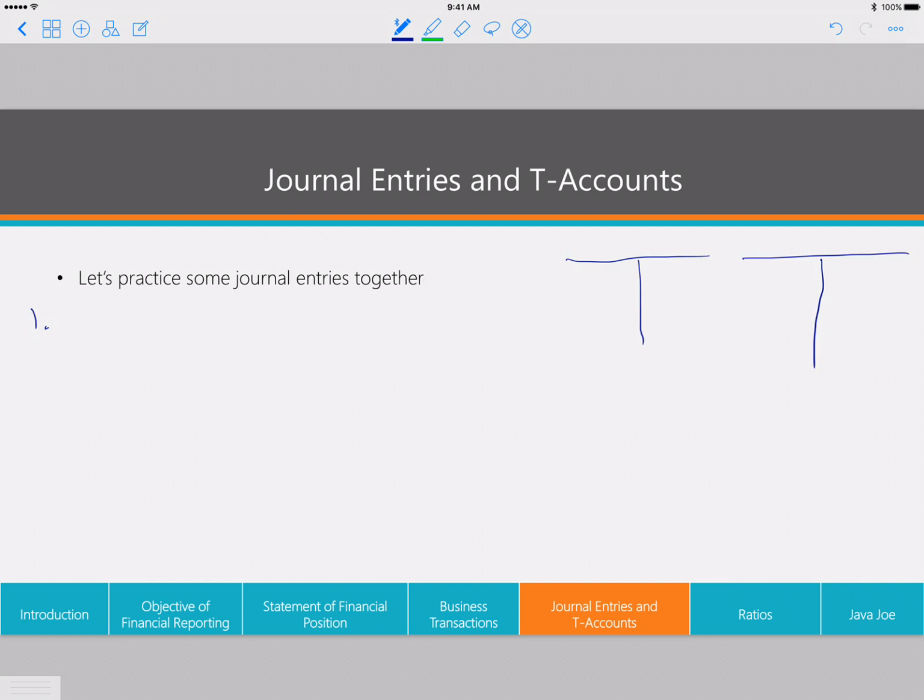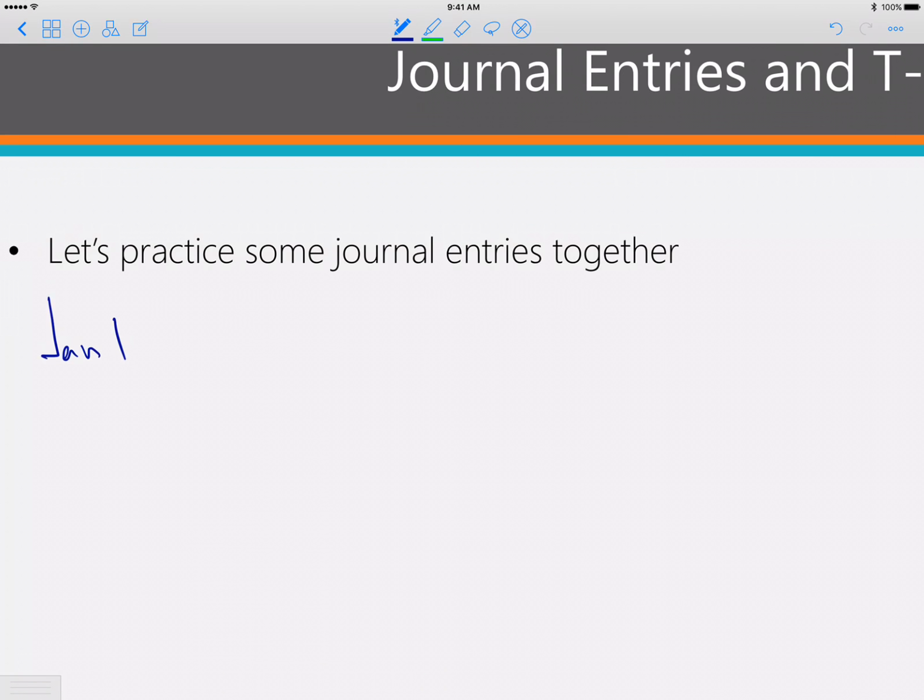So remember, this is from the company's perspective. This is not from your personal perspective. So January 1st, the company received cash. So it is a debit to cash. That is an increase of assets of $5,000.